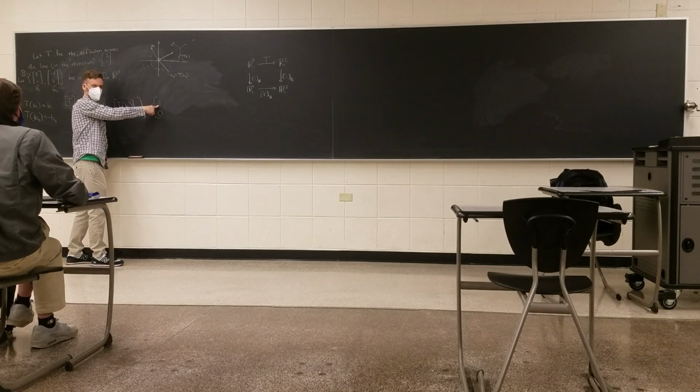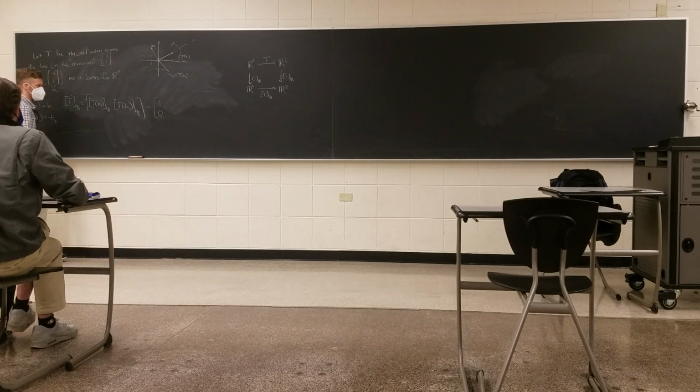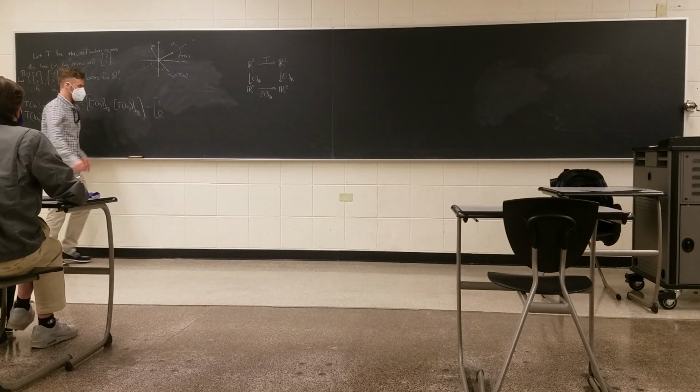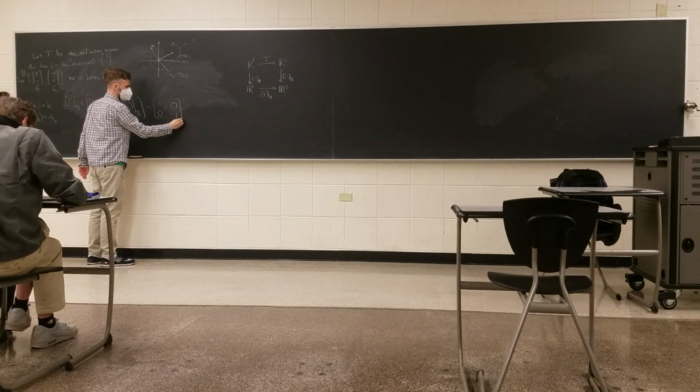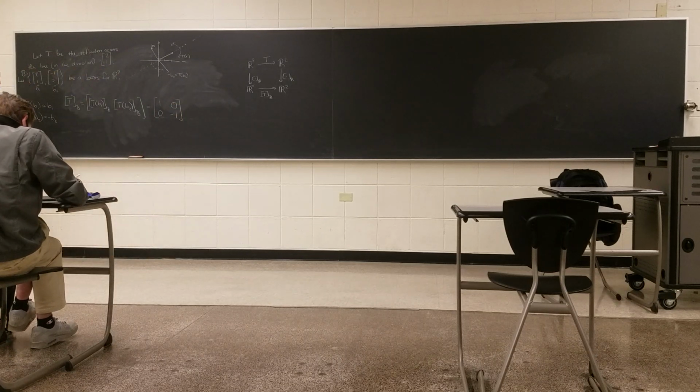It is 1 times B1 plus 0 times B2. It's just B1. This one, we're saying, what does it do to B2? It replaces it with negative B2. And how do you write B2 with respect to that basis? It's 0 times the first element plus negative 1 times the second element. So that's one way of getting this.